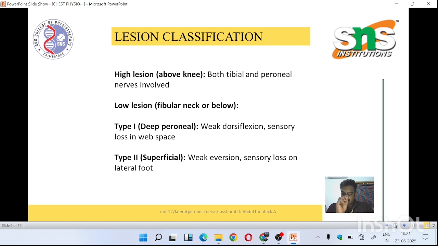The superficial peroneal nerve lesions present with weak eversion and sensory loss on the lateral dorsum of the foot.